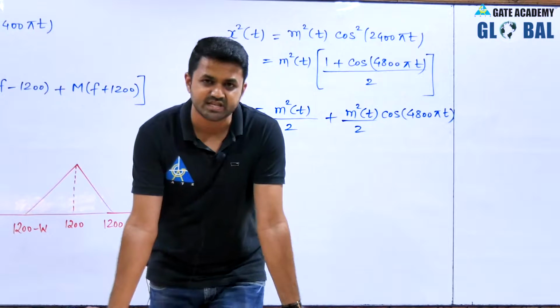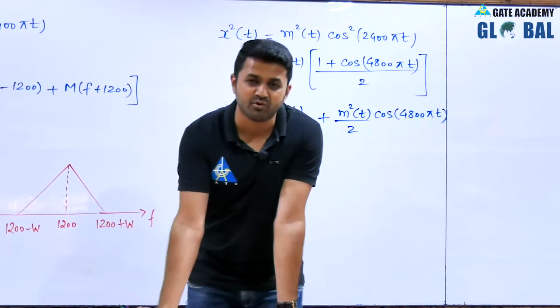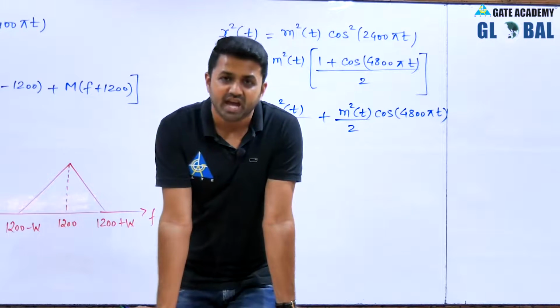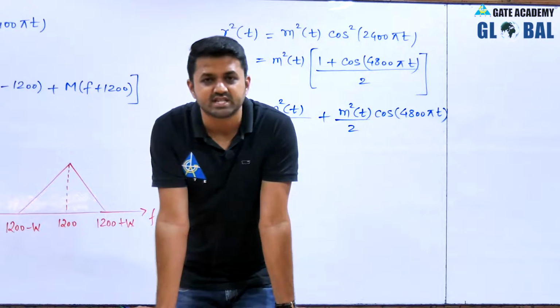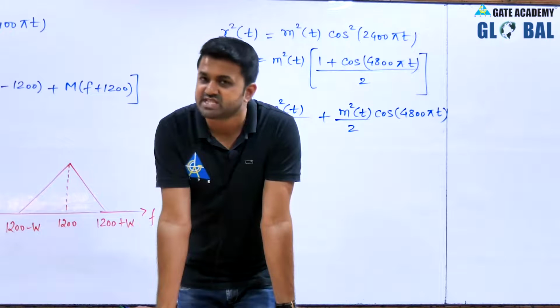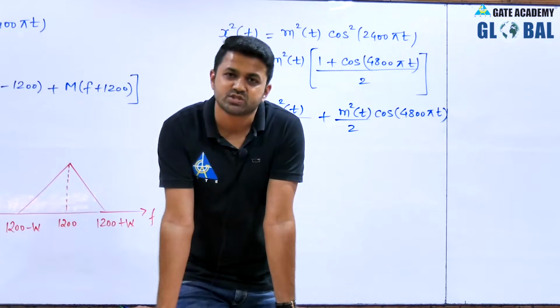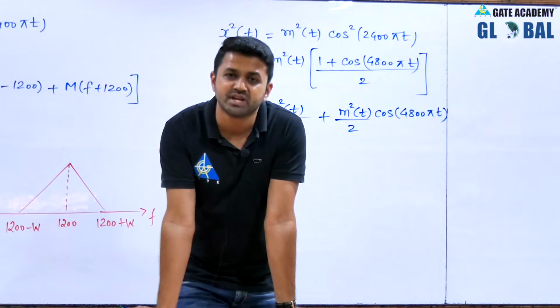So if m of t and m of t are multiplied in time domain, then M of f, which has frequency W, and M of f, which has frequency W, are convolved in frequency domain. So its maximum value will be 2 fm.